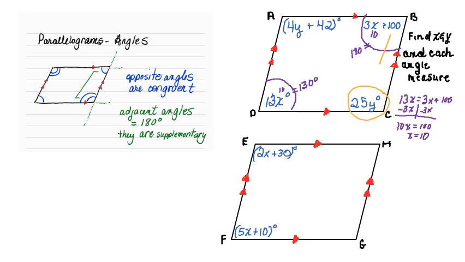So if we put the two together, this one here should equal 50 degrees, which means y should equal 2. And we can just double check again.